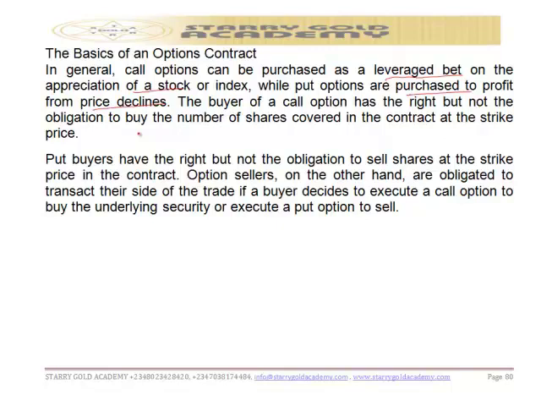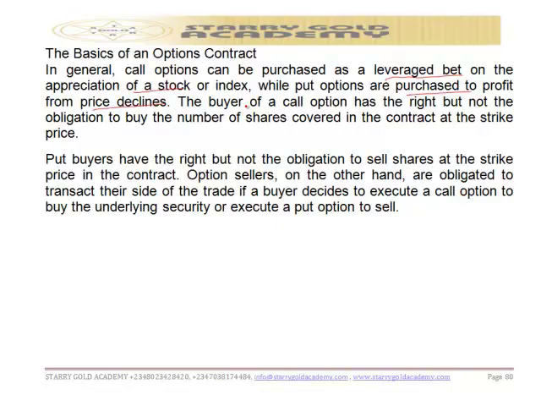If that is the case, we said it is used to profit from the price decline. When the price goes down, you'll be able to sell it at the price you have locked in, which is the strike price. The buyer of the call has the right but not the obligation to buy the number of shares covered in the contract at the strike price.